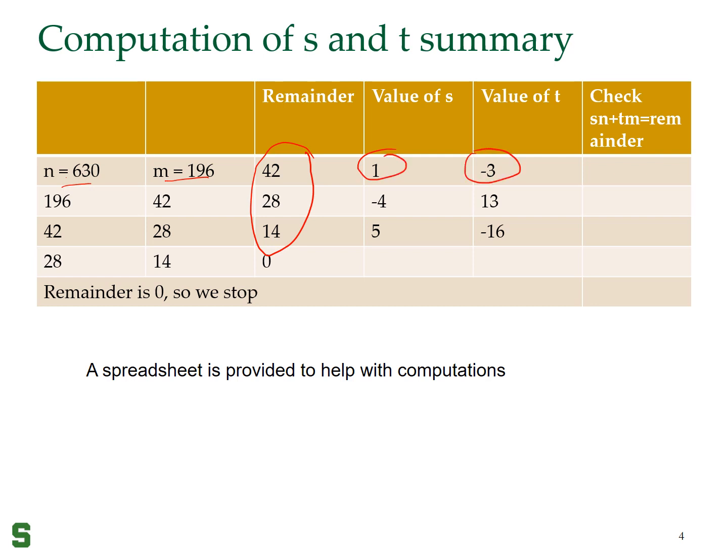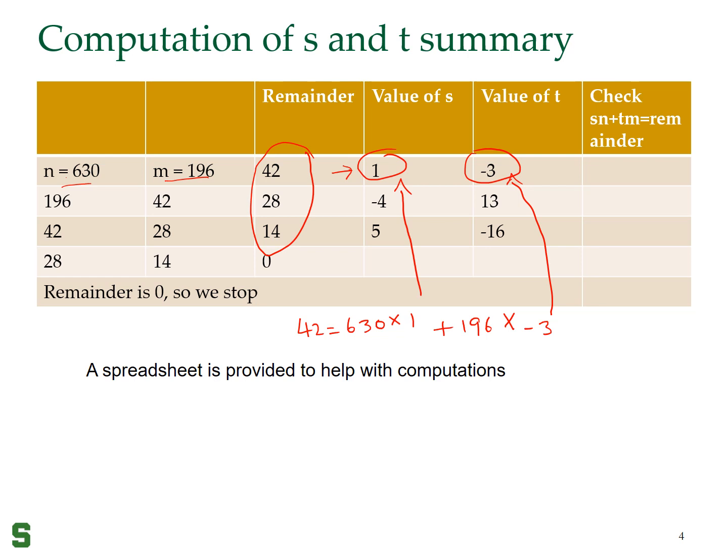What I want you to observe is the way we got these values is exactly like what we showed in the previous slide. We said 42 is expressed as 630 times 1, which went here, plus 196 times minus 3, which went over here.